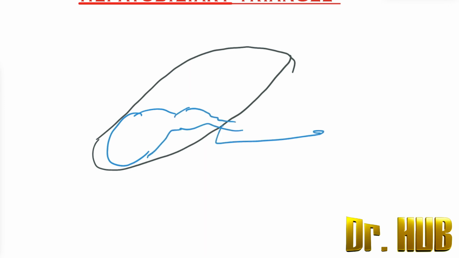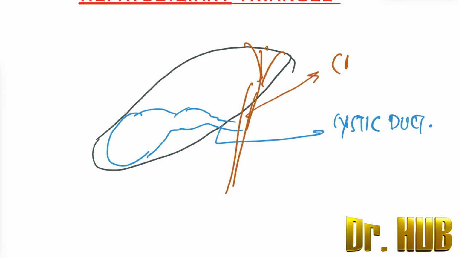This is nothing but the cystic duct, and there is the presence of the common hepatic duct. This is the common hepatic duct, which we write as CHD. Then comes the cystic artery. So this is the cystic artery.